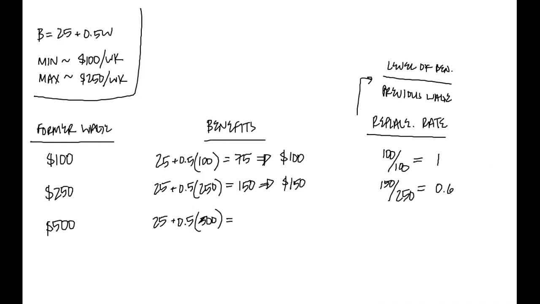So that's going to be 25 plus 250, which is 275. But they capped it off at 250, so that's all this person is going to receive. Then we can find the replacement rate as 250 over 500, which equals 0.5. And that is their replacement rate.